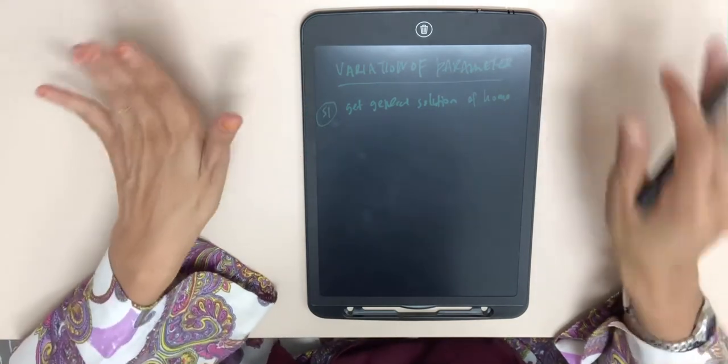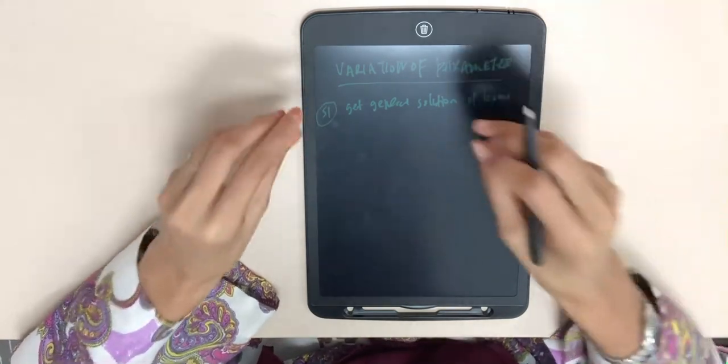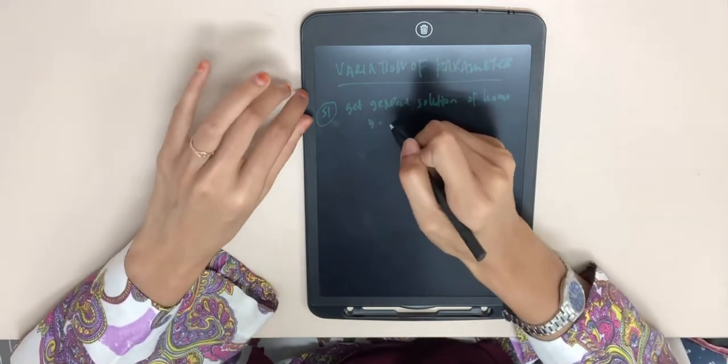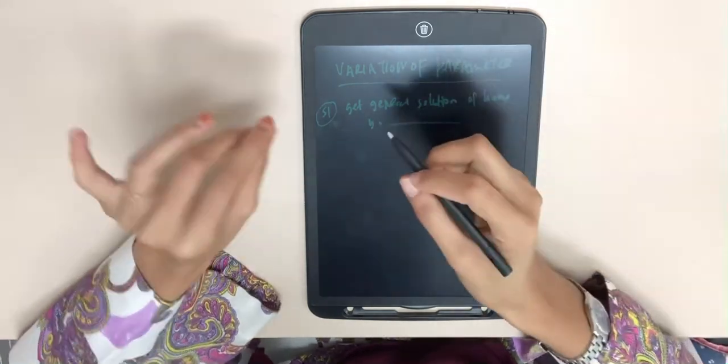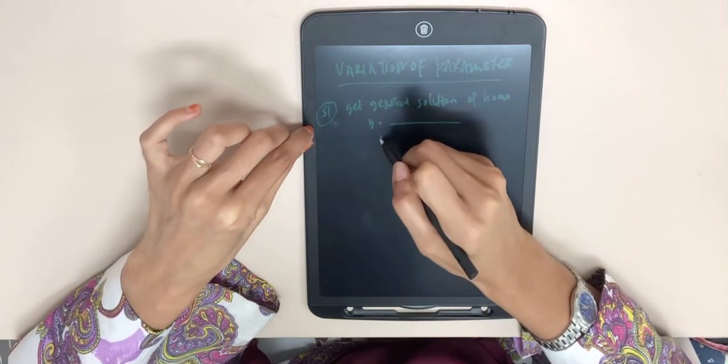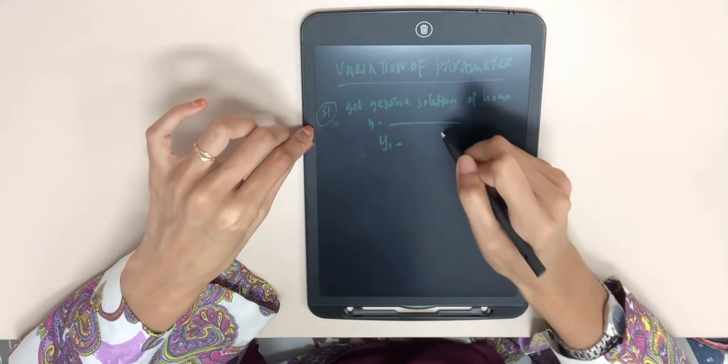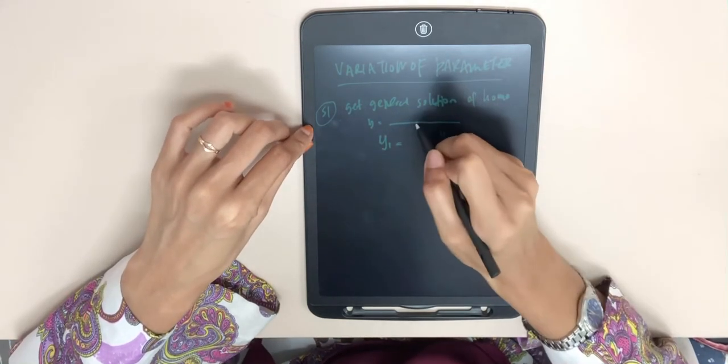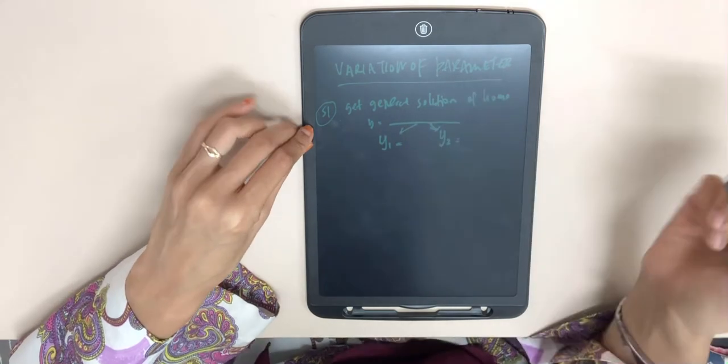But for this method, we don't actually want the YH. After you get the solution, what you need to do is declare what your Y1 and your Y2 are. It comes from this equation.